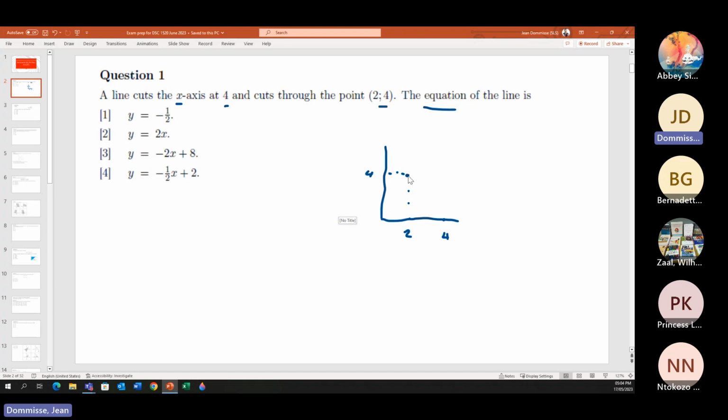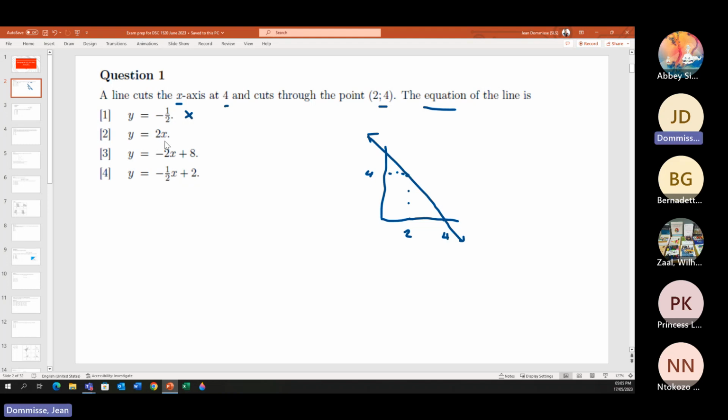We can draw a line through there. If I look at the options, this one means a straight line through a half, and we're not going through a half, so it is not that one.